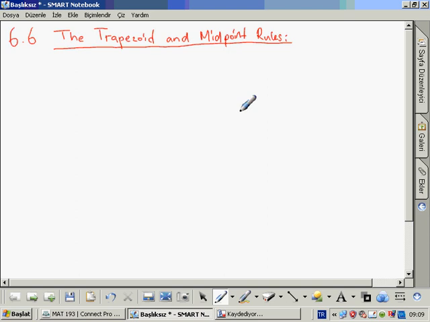We know that most of the integral applications within and outside of mathematics involve the definite integral, I equals the integral from a to b of f of x dx.